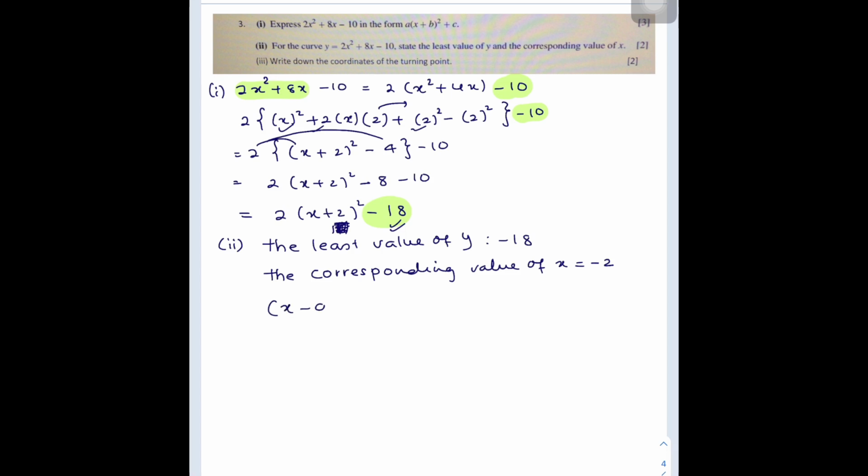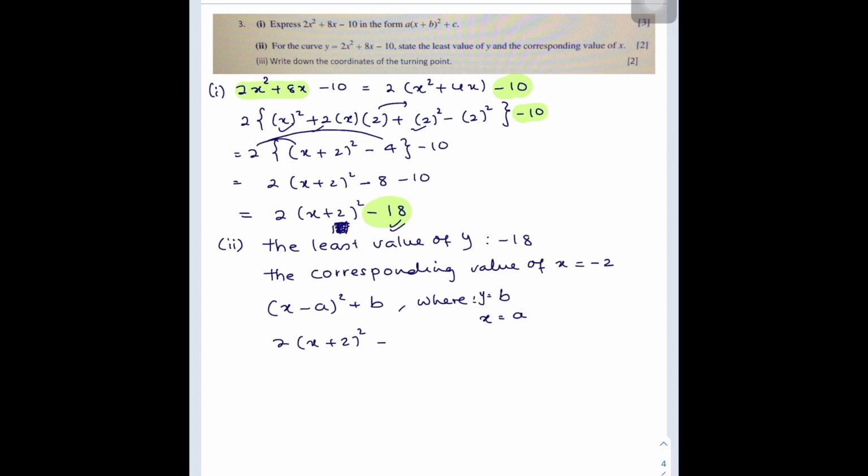In fact, it is in this form: x minus a, all squared, plus b, where the minimum value of y is b and the corresponding value of x is a.